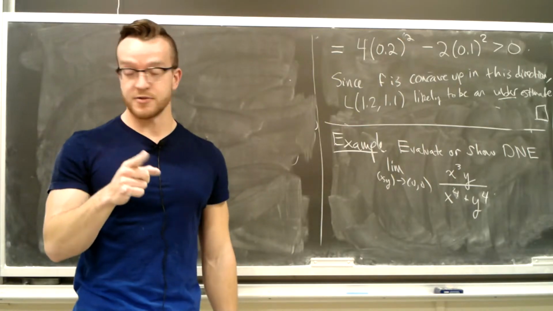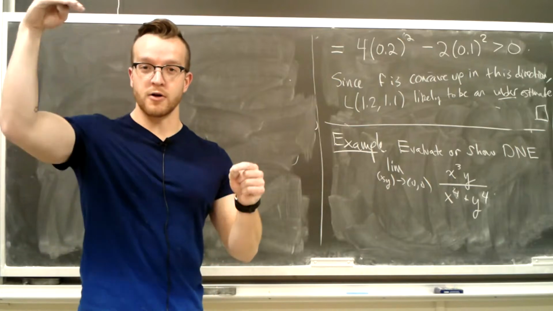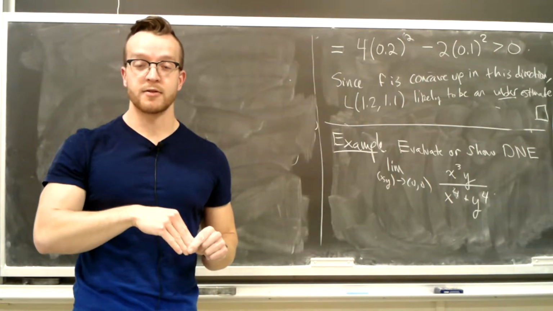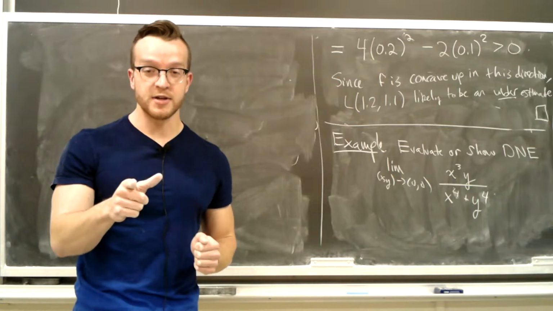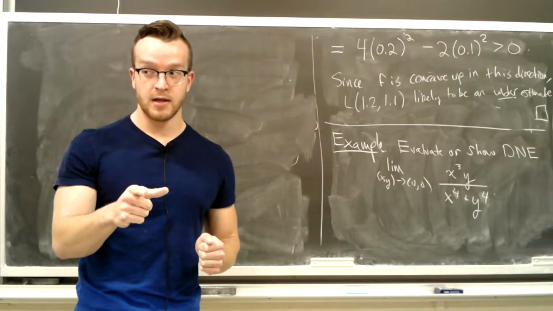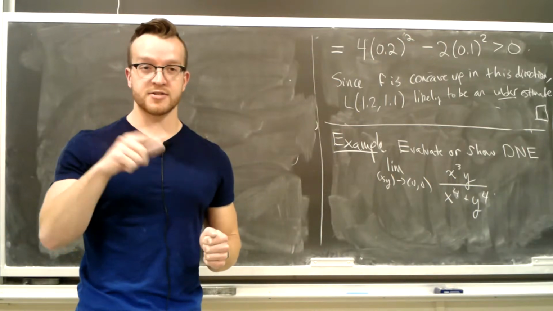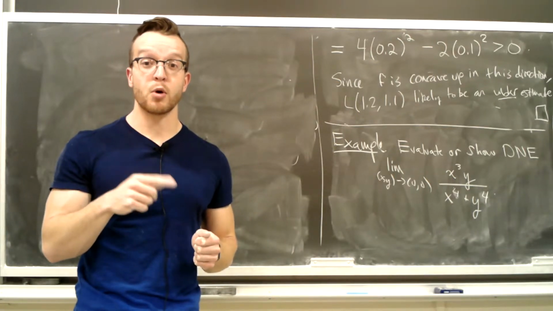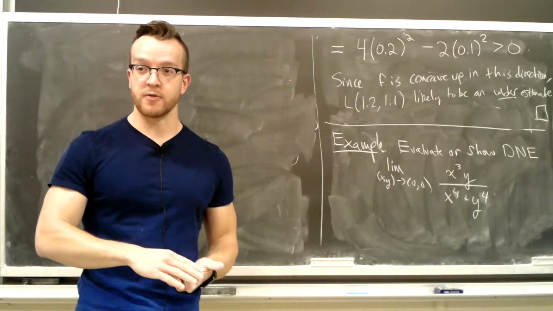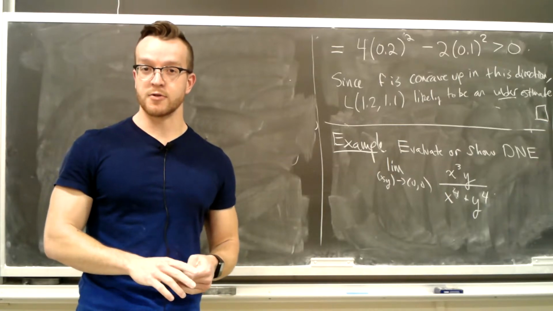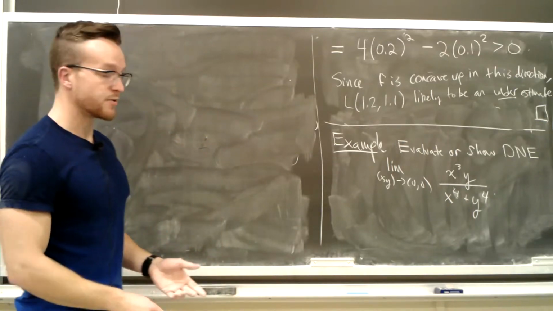If that doesn't work, I'll try approaching along y equals x or something like that. And then if that doesn't work, I'm thinking about the squeeze theorem. Otherwise, if I see x squared plus y squared, I'm thinking polar coordinates. That's a good summary of pretty much all of our techniques for dealing with limits. So let's run through some of those.